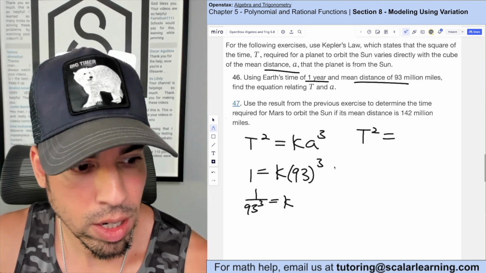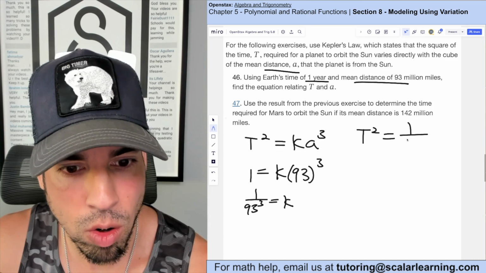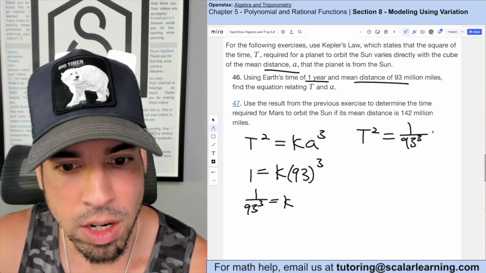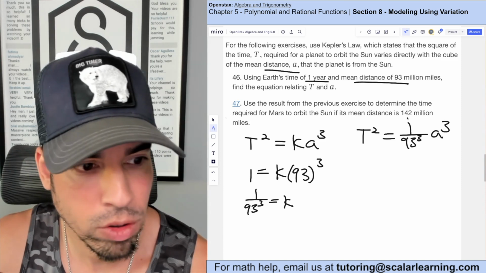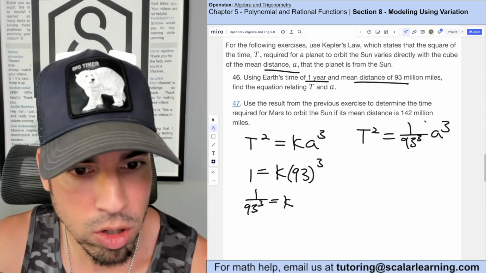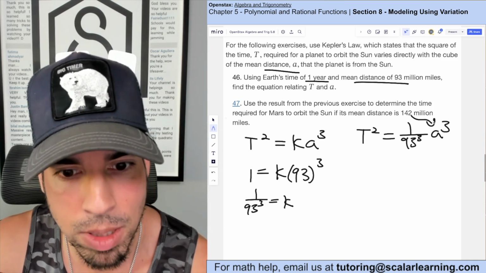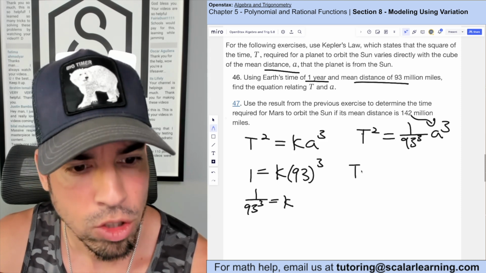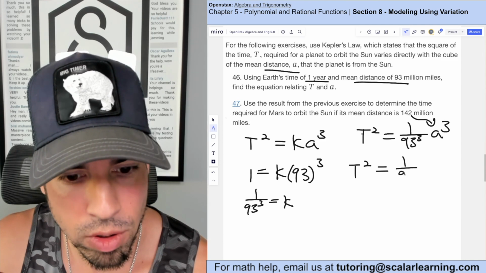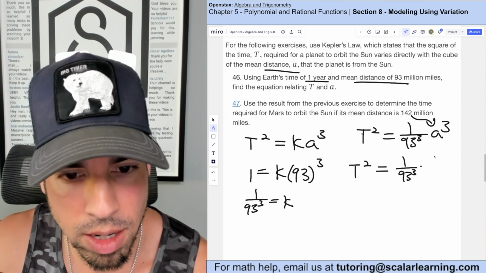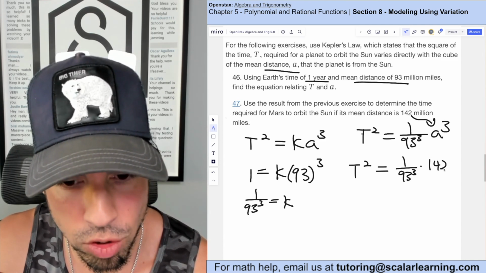So now I can rewrite the equation with k as 1 over 93 cubed, and then times a to the third power. And now we can plug in this 142 million miles for Mars as 142, right? In millions of miles to solve for t. So now we have t squared equals 1 over 93 cubed times a cubed, which is 142 cubed.